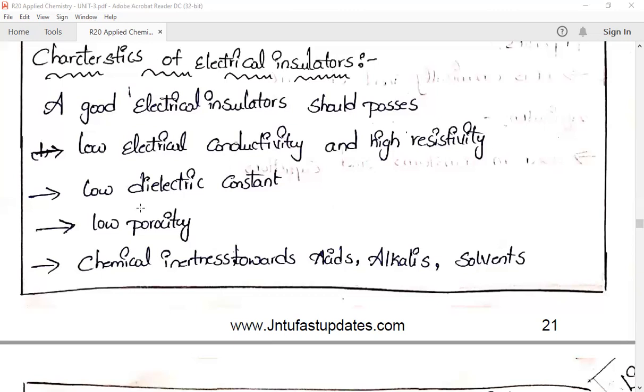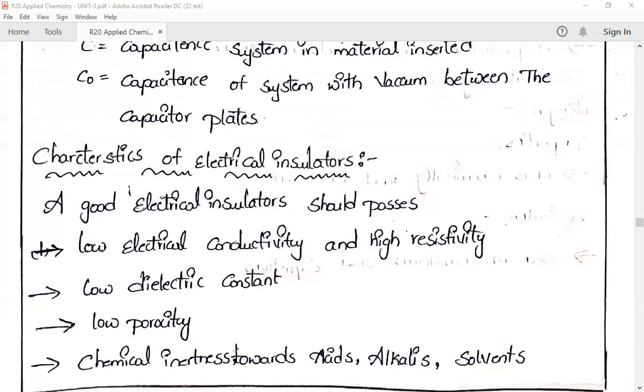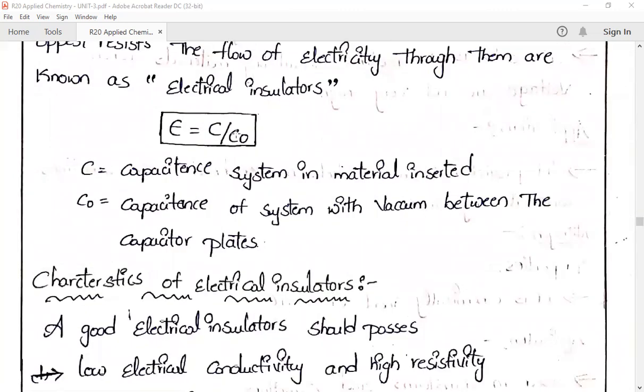It is expressed as the ratio of the capacitance of the capacitor containing the dielectric material to the capacitance of the same capacitor with a vacuum as a dielectric.